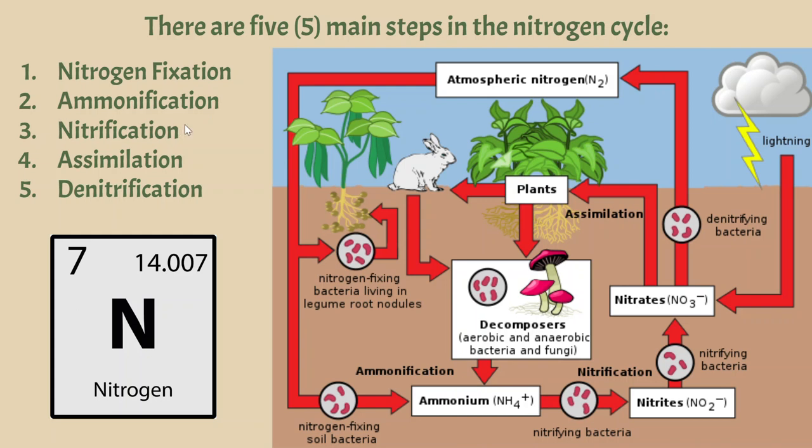Nitrification, we're turning things into NO2 or NO3 or something like that. Assimilation means we are using the nitrates, we are using the nitrogen in some way. And finally, denitrification means we are putting just nitrogens together. We're taking everything else off and letting it go back into the atmosphere.